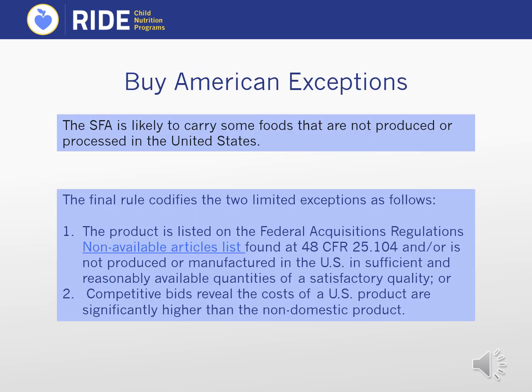The school food authority is likely to carry some foods that are not produced or processed in the United States. In this case, please maintain some sort of documentation for international food items. The example shown here is an inclusion of Buy American provision in the supplier agreement with the food service management company.